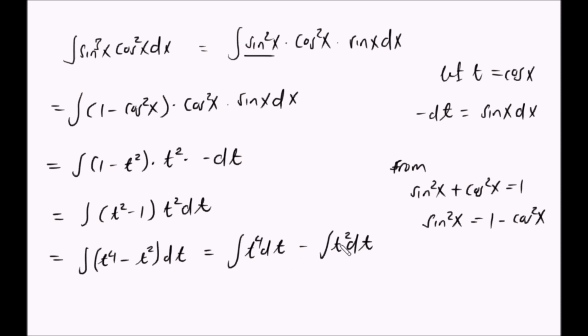So hii kwa kutumia integration of simple polynomial expression ni hivi tu. Okay, so this is what I get. So if I integrate t power 4, I only get t power 5 over 5 minus if I integrate t square, I only get t power 3 over 3 plus c. So this is what I get. So swali langu ni hili, jibu hili hapa.